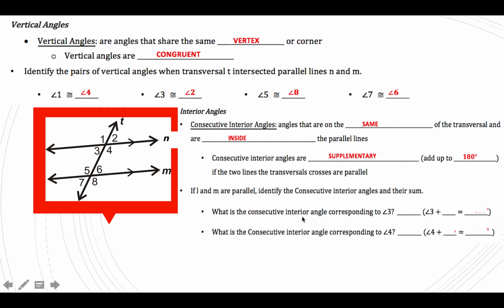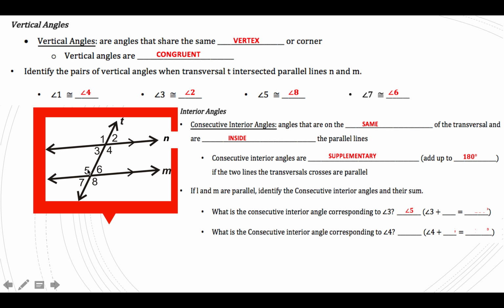What is the consecutive interior angle corresponding to angle 3? We want to look at angle 3 and what is our interior angle corresponding to? It is angle 5. So we want to go to the other intersection and look at the interior corresponding angle.